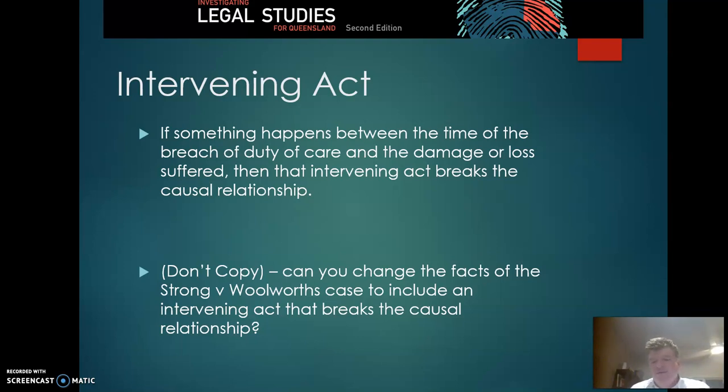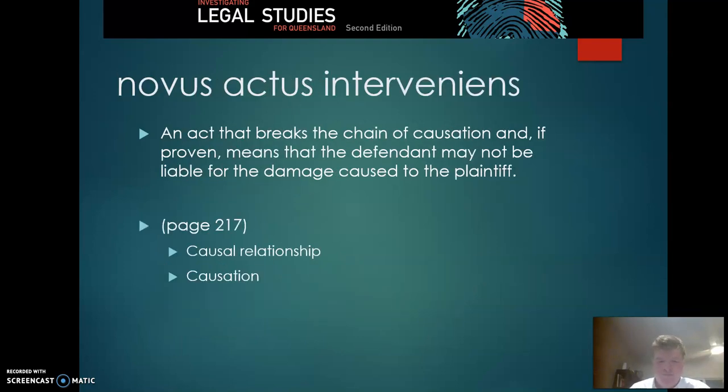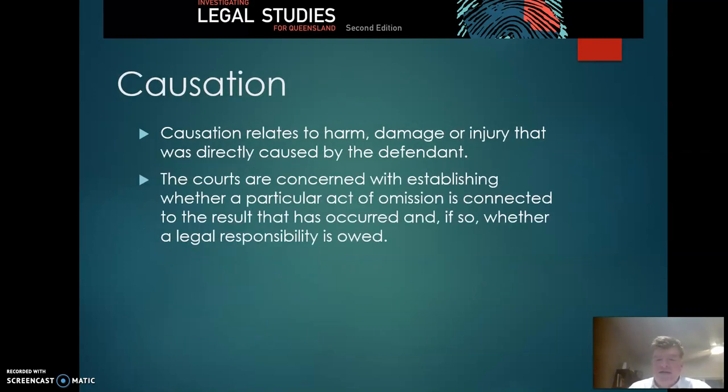So if you come across something and say, well, it doesn't look like it's quite as closely linked as it should have been, then that's something you can refer to as well. So if there is an intervening act that breaks this really close relationship between an event and an injury, that's worth commenting on. That might change the legal situation so that the plaintiff is not entitled to damages.